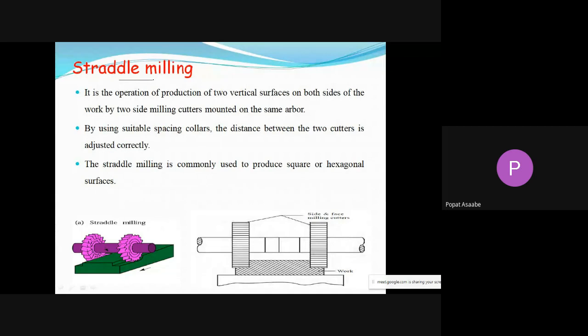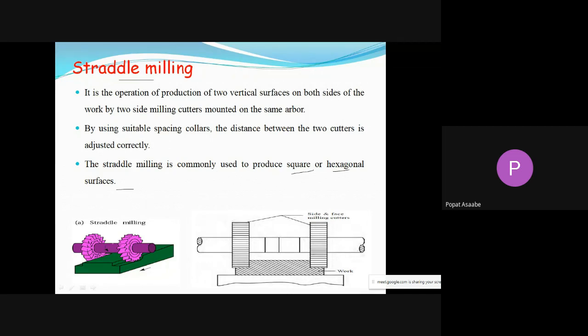Two milling cutters are mounted on your arbor, and the distance between the two cutters is maintained with the help of collars. On both sides of your workpiece, the right side and the left side, we can perform the milling operation with the help of straddle milling. Generally, straddle milling is used to produce square as well as hexagonal surfaces.